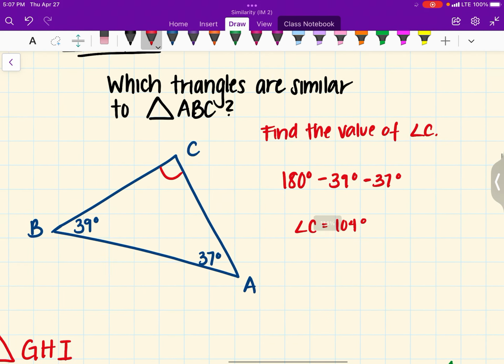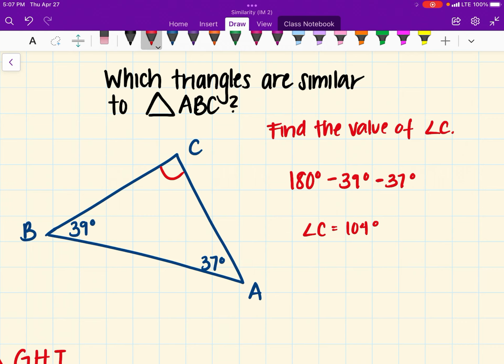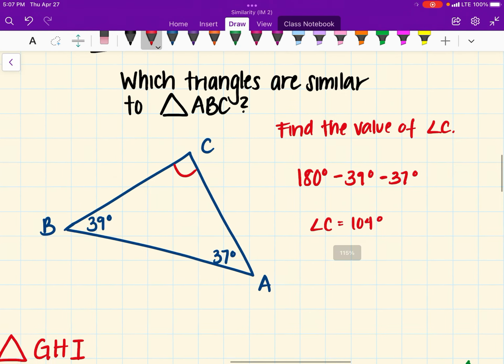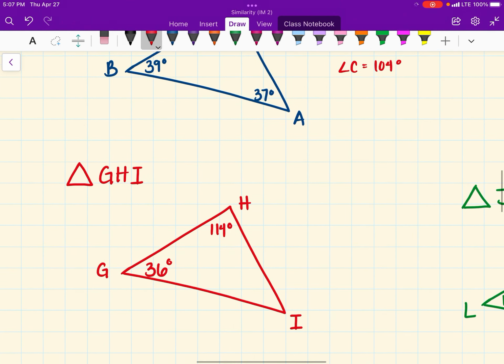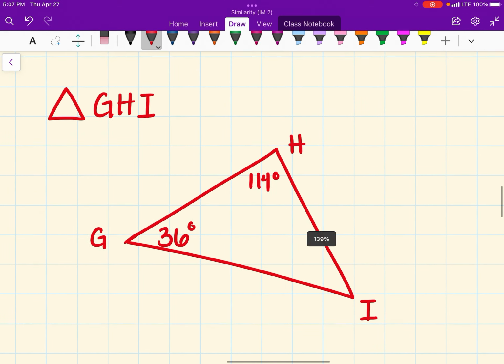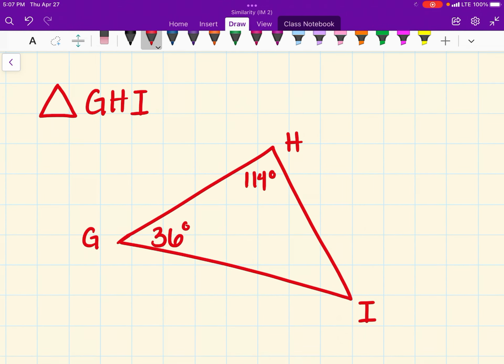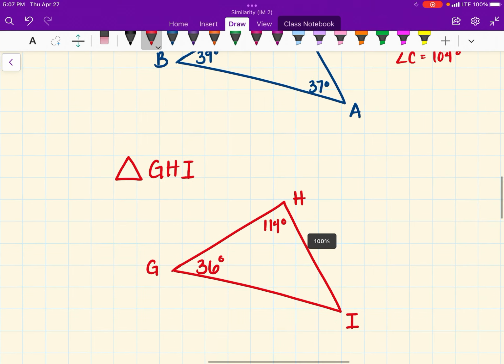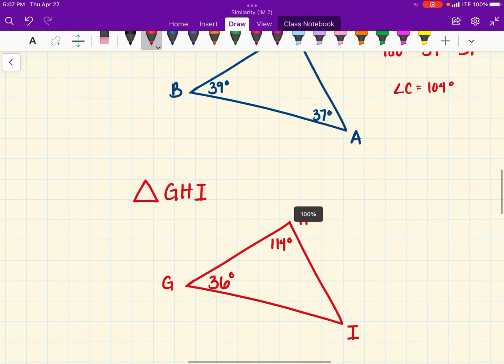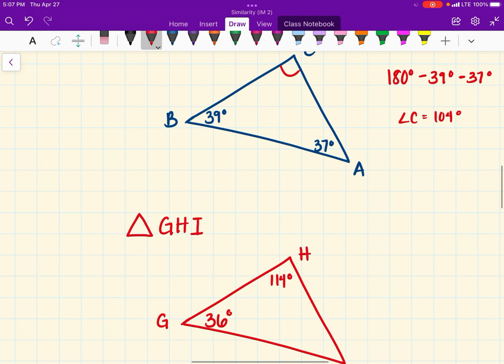Now, we want to compare this to the other triangles and determine if it's similar or not. So here is triangle GHI, and in triangle GHI, we have 36 and 114. Notice that triangle ABC doesn't have 36 as one of its angles or 114.